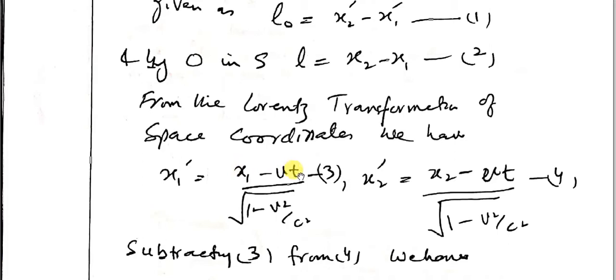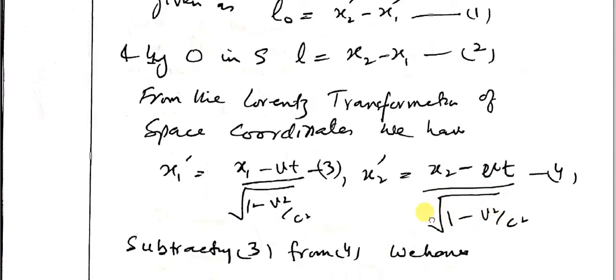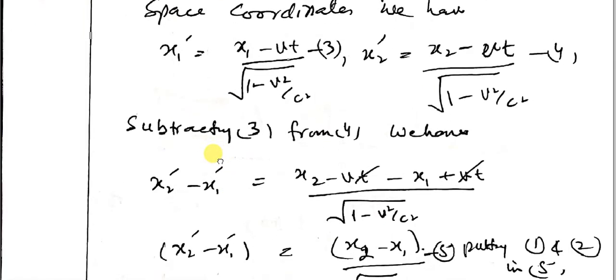Here v is constant and t is common to both. x2 prime is equal to (x2 minus vt) divided by the square root of 1 minus v square by c square. Now subtracting expressions 3 and 4, we have x2 prime minus x1 prime equal to x2 minus x1 plus vt minus vt, so vt will cancel out.